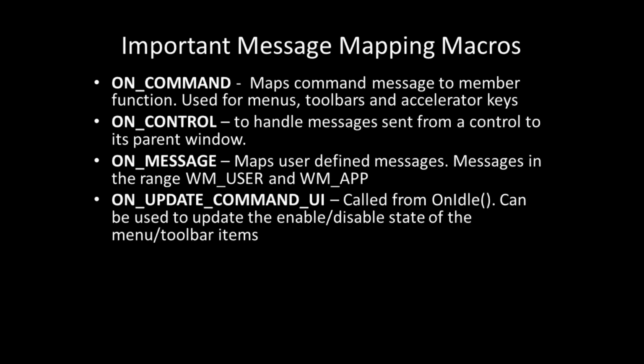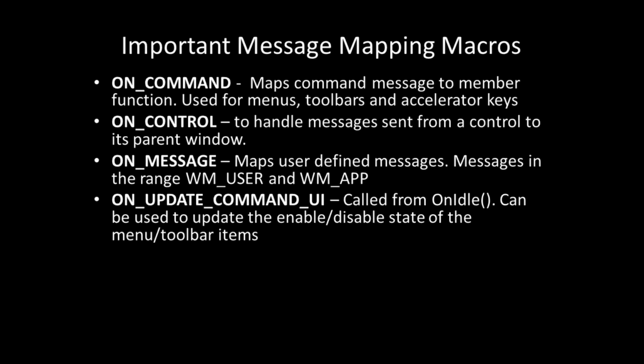Next is ON_UPDATE_COMMAND_UI. This is called from OnIdle. OnIdle means what? When you are not doing anything within the application, that is called the idle condition, and that also generates an event. So ON_UPDATE_COMMAND_UI we can use in scenarios where you want to enable or disable the state of menu or toolbar items.